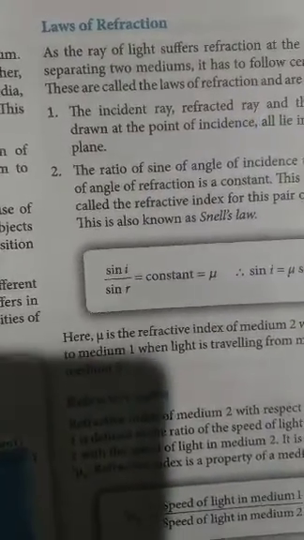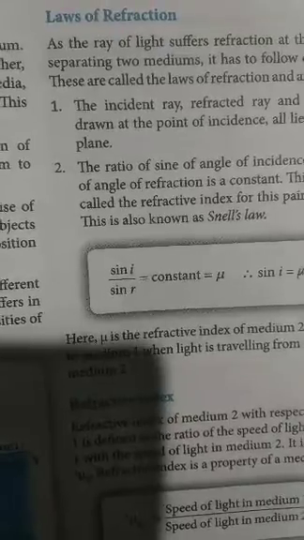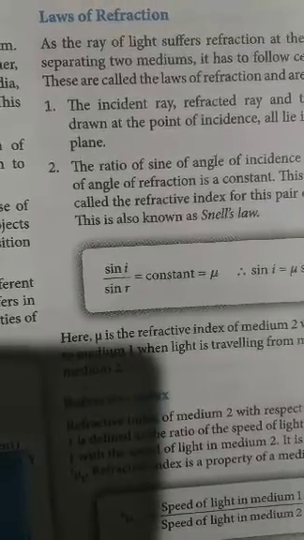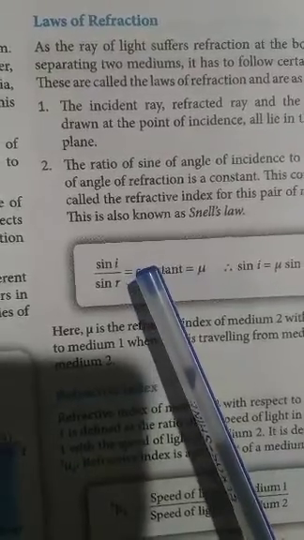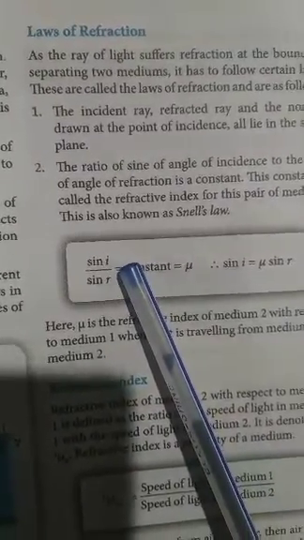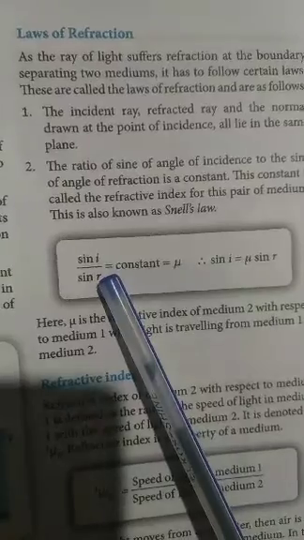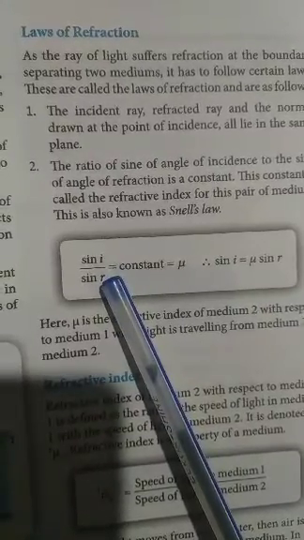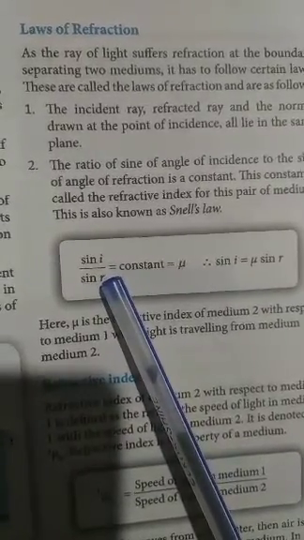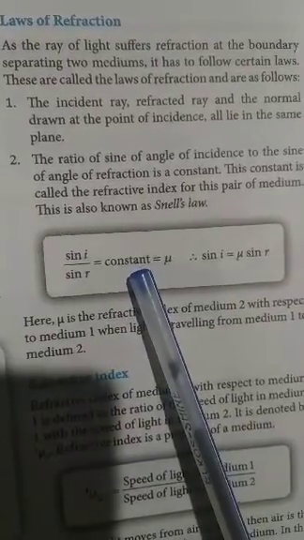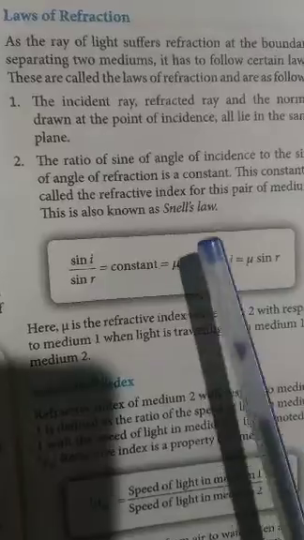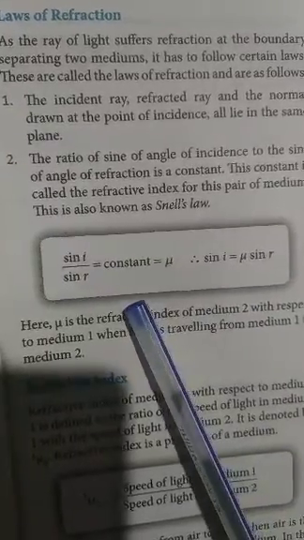Now, laws of refraction. The incident ray, refracted ray, and the normal drawn at the point of incidence all lie in the same plane. The ratio of sine of angle of incidence to the sine of angle of refraction is always a constant, and this constant is called the refractive index for this pair of media, and this law is also known as Snell's law.